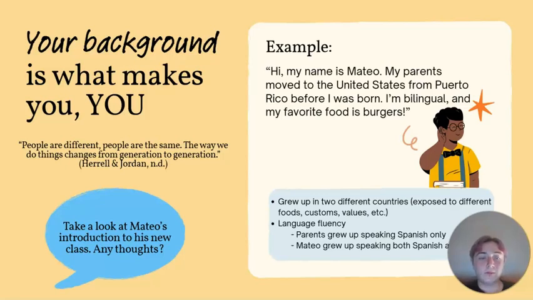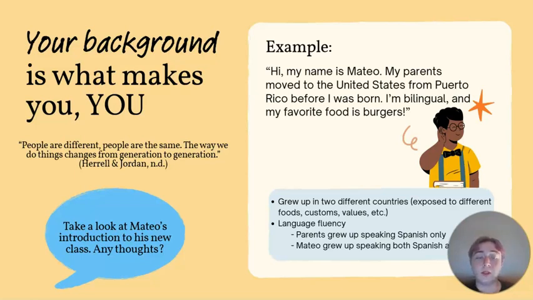All right. So he grew up, or both he and his parents grew up in two different countries. So his parents grew up in Puerto Rico, and when they moved to the United States, that's when they had Mateo.